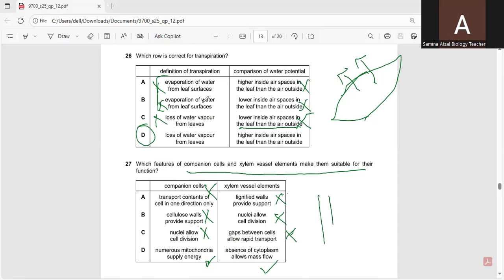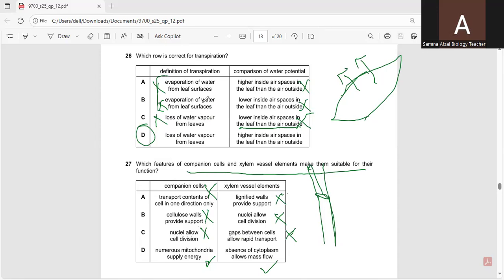These are hollow tubes, joined end to end to make a structure without cytoplasm or other cellular contents inside. They create a hollow tube, and their lignified walls prevent them from collapsing under the negative pressure of transpiration.